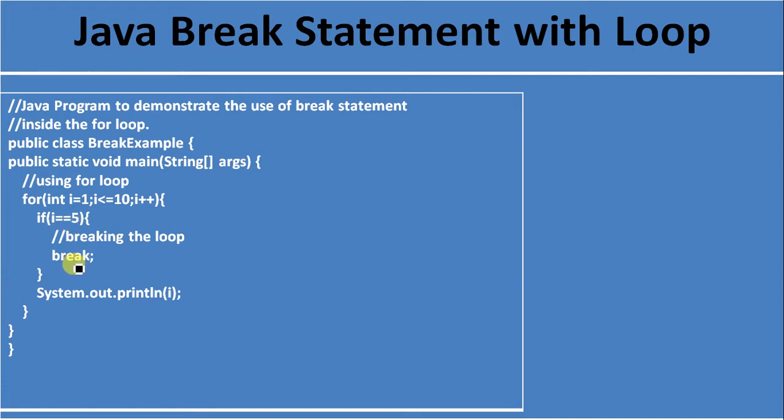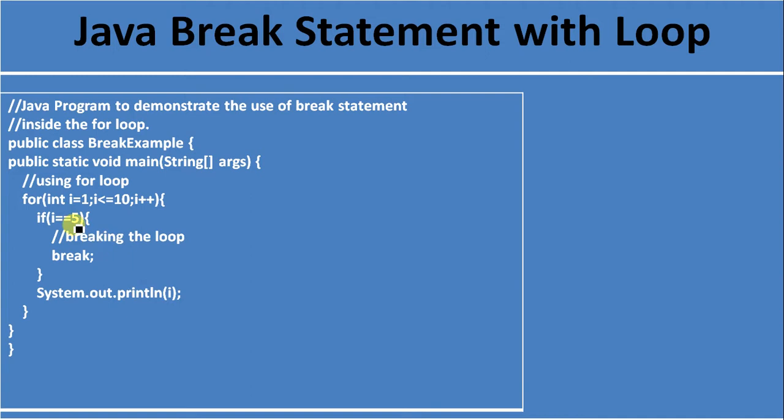The work of this for loop is to print the numbers from 1 to 10, but as we are using a break statement on the condition i equal to 5, when the value of i becomes 5, the break statement will be executed and brings the control out from this for loop.